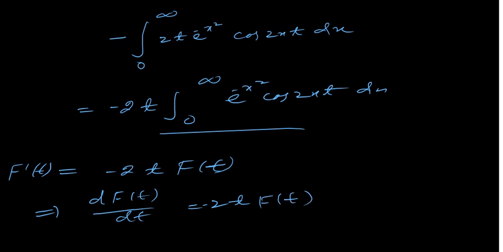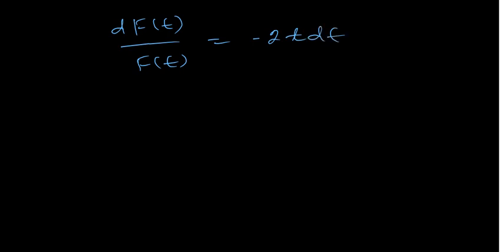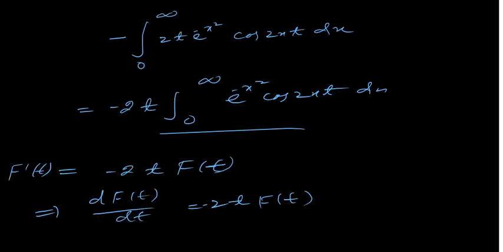Then you can transfer this dt on this side and f of t on that side, so you will see this df of t divided by f of t is equal to minus twice t dt. Is it clear? Minus twice t dt.